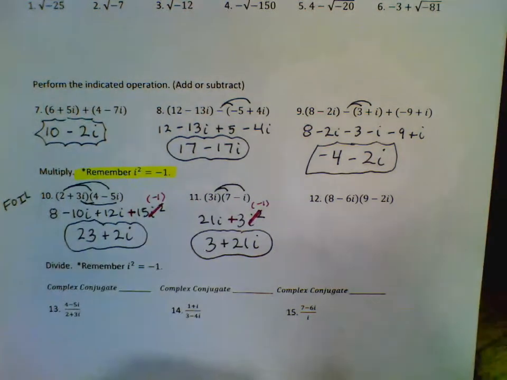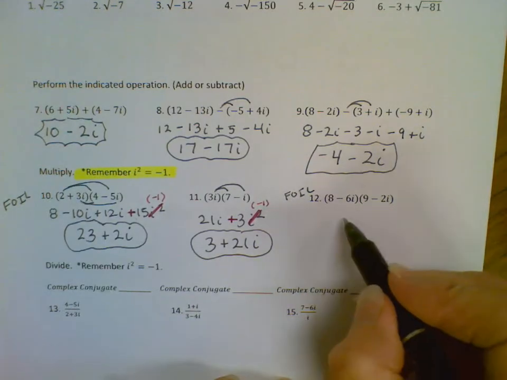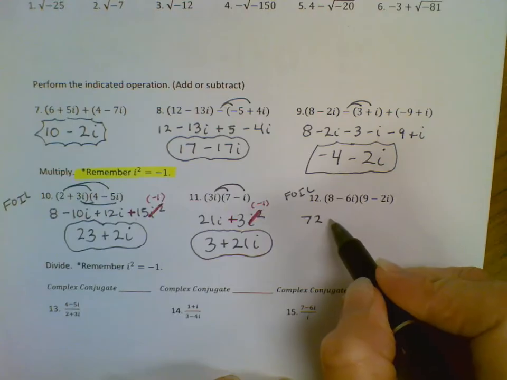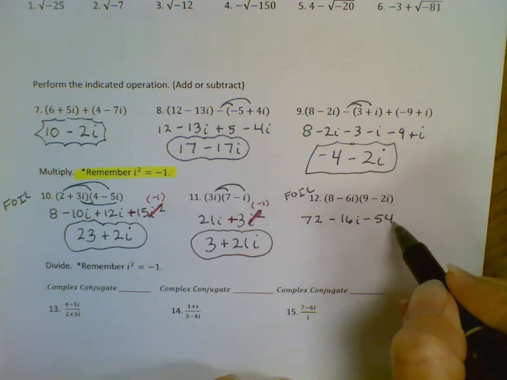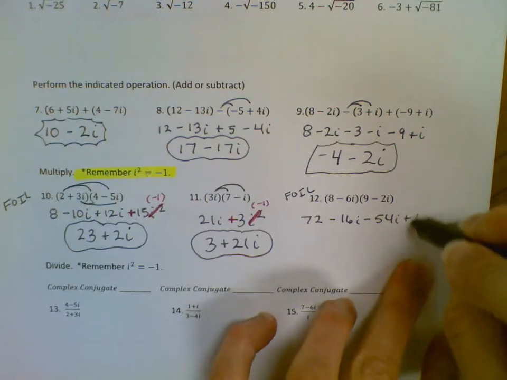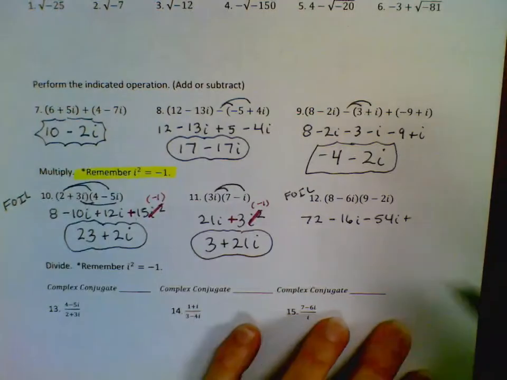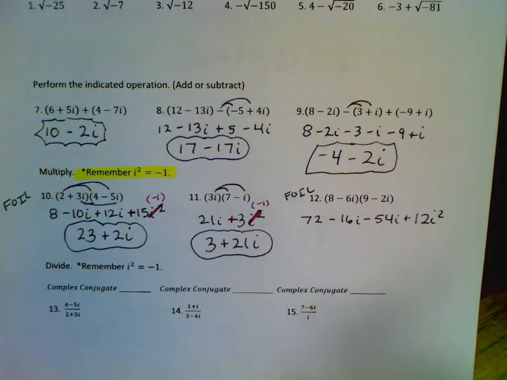Okay, this one here is another FOIL. So I'm going to go ahead and work that through. That'll be 12. Okay, combine like terms.